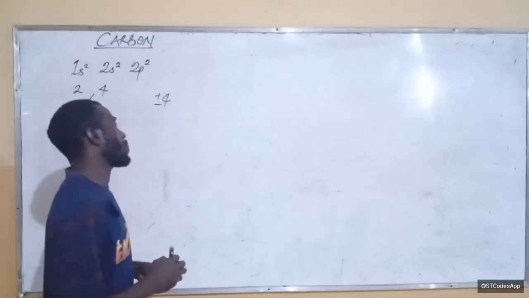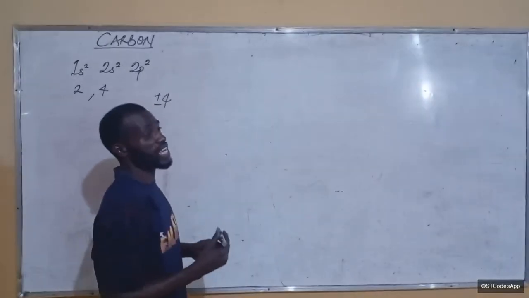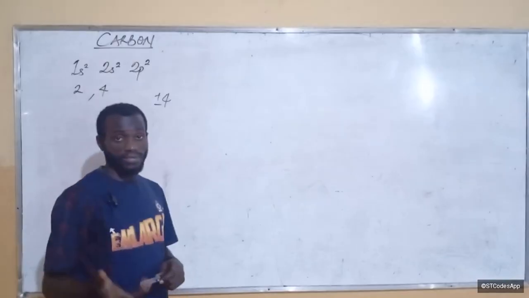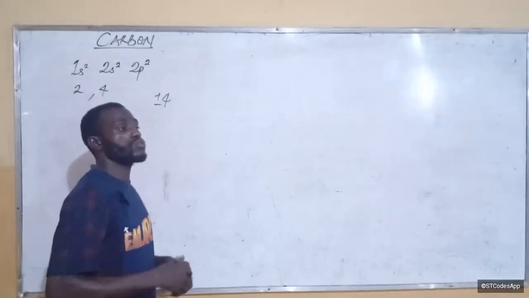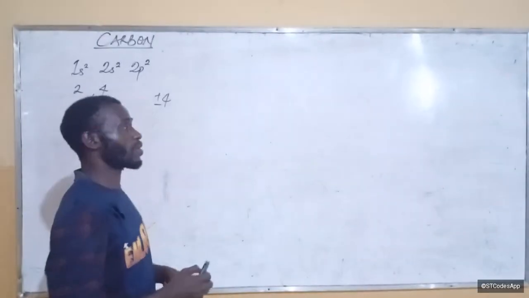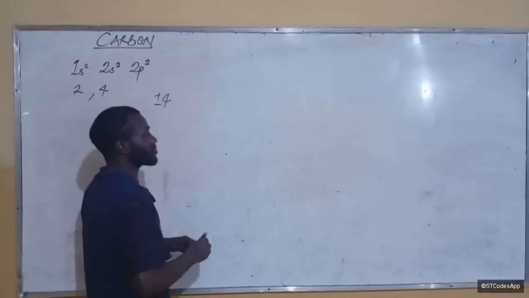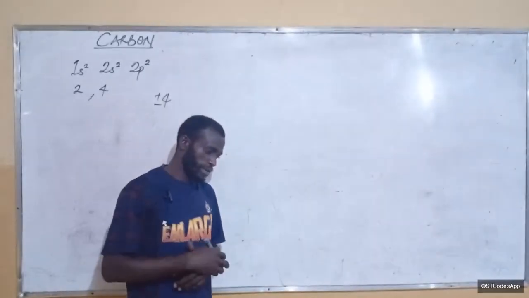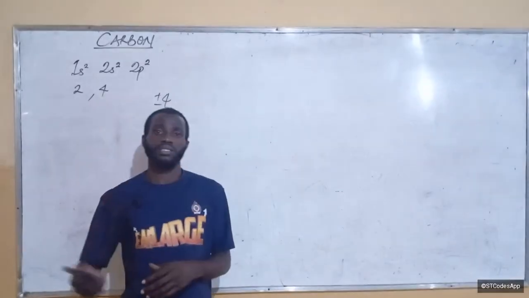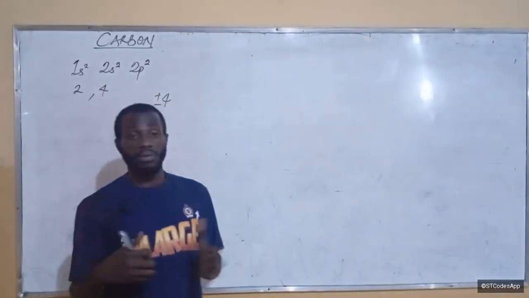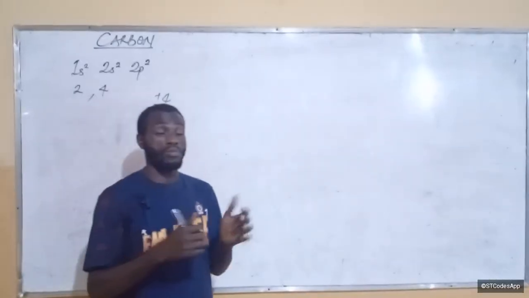Now, why is it so? If carbon were to gain 4 electrons, the thing is that electrons are negatively charged. So if it gained 4 electrons, it would become unstable because the negative charges would be too much. Think of phosphorylation of a molecule.